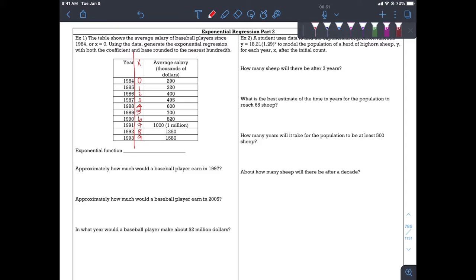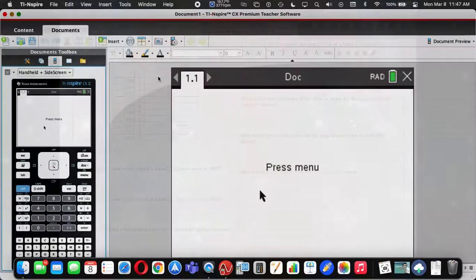Using the data, generate the exponential regression with both the coefficients and base rounded to the nearest hundredth, two decimal places.